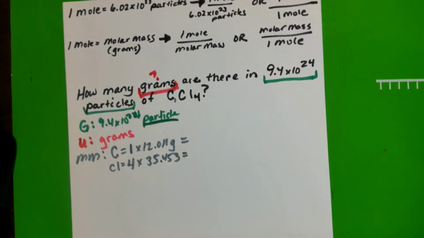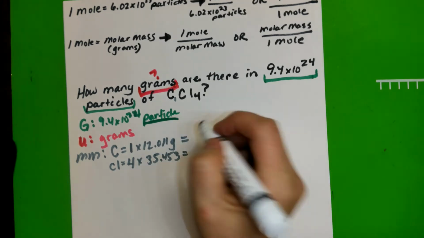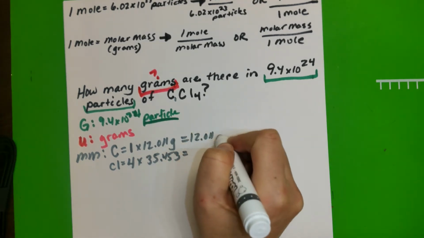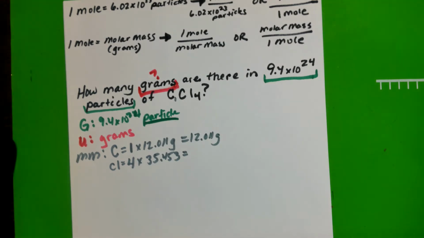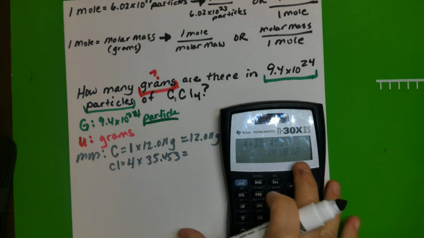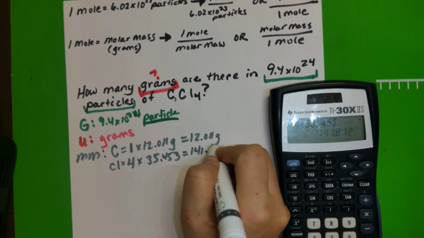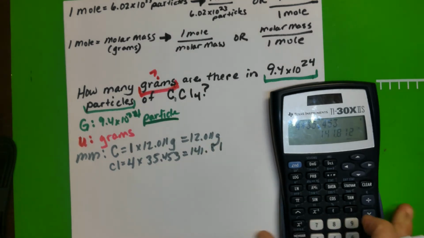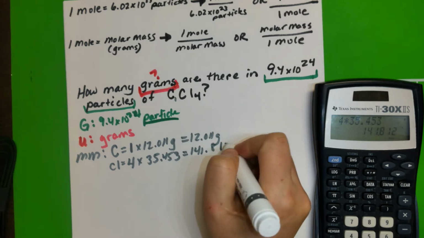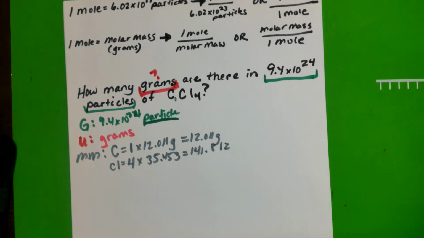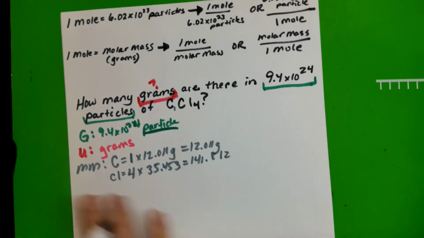Okay, so this was easy. It's 12.011 grams for carbon. But for chlorine, of course, when you multiply, you will get 141.812. That's fine. Okay, so now we are already ready. We have our molar mass. Okay, so now we're ready to set it up.